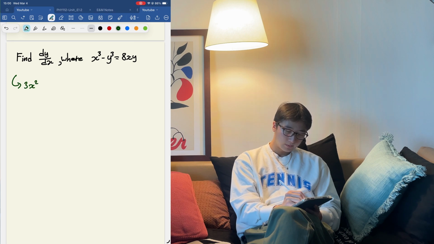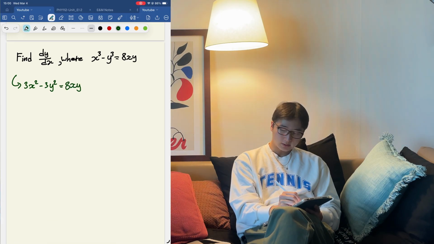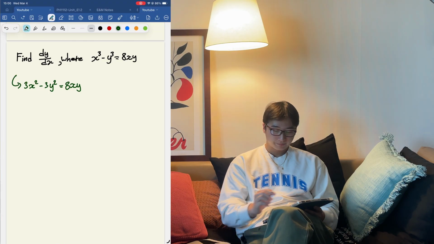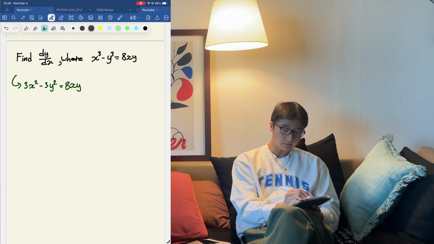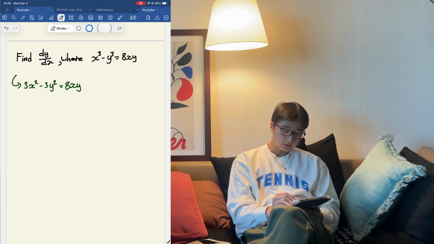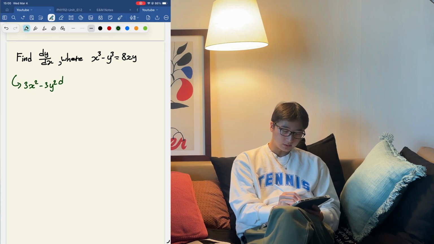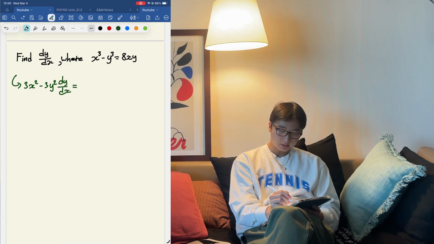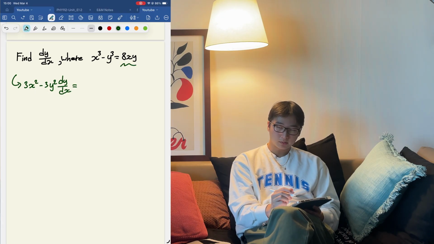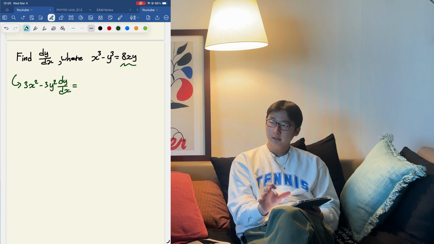So this is just 3x squared minus 3y squared dy dx is equal to 8xy. Oops, sorry, my bad. I forgot dy dx here. We need to apply the product rule, right? Yeah, the product rule.